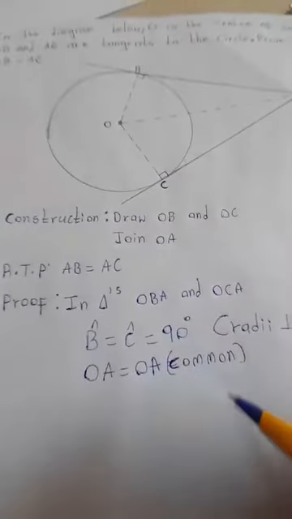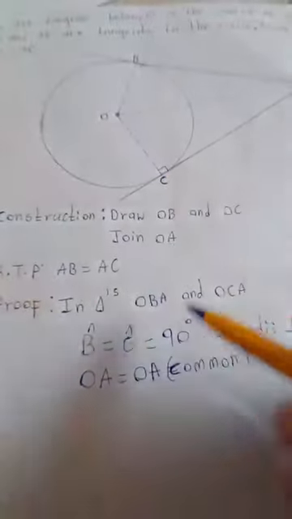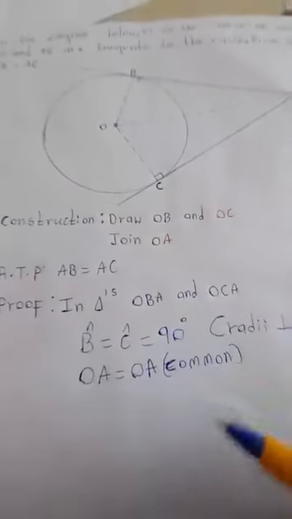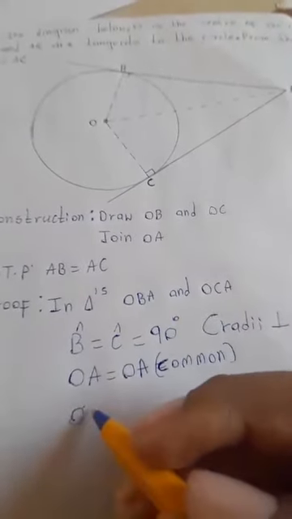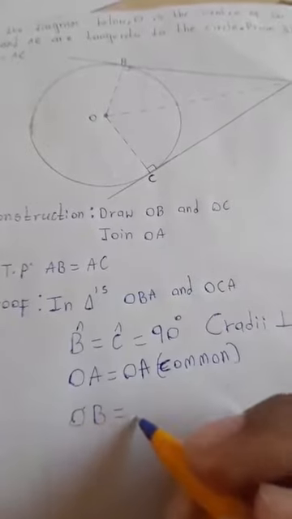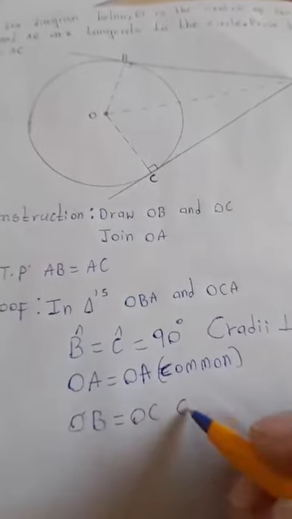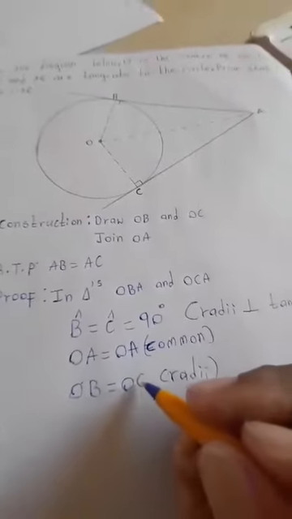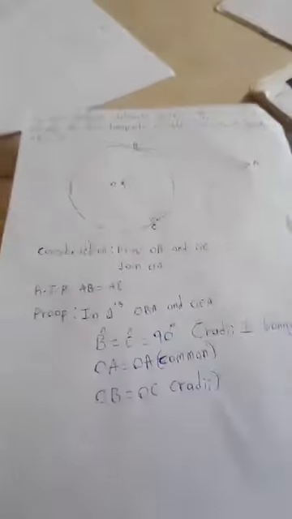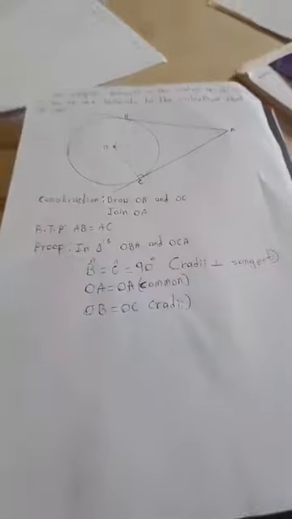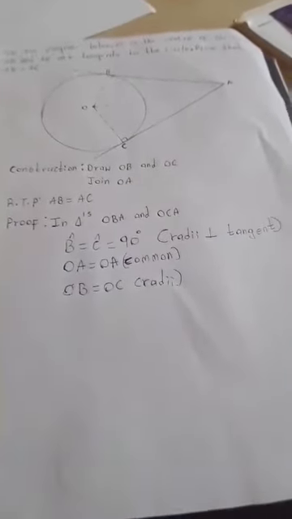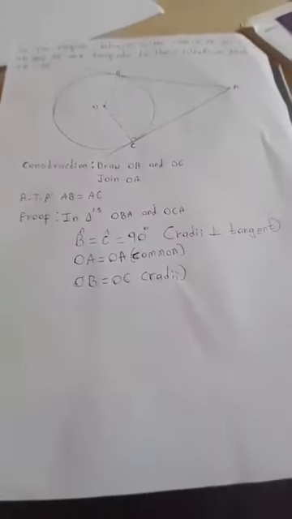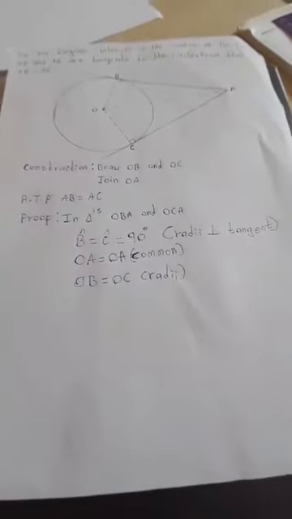And then we should have said OB is equal to OC. The reason is that they are the radii. Actually, this should come first, followed by this, and I wrote it the other way around, but I think you will fix it. And then let's move on.